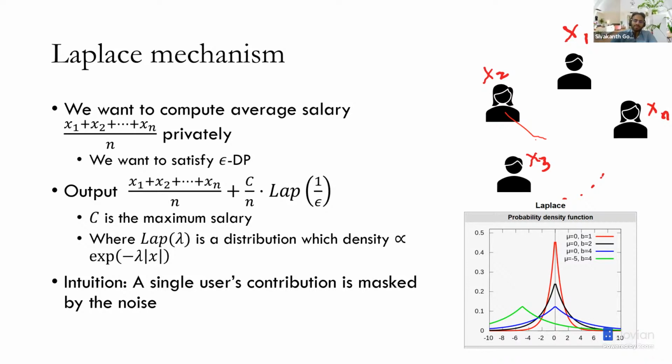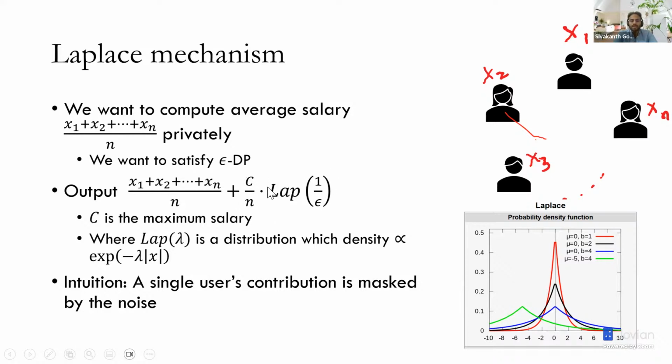Let's say you want a privacy level of epsilon equal to 1. You do this calculation and report it, and then you can tell how accurate it is. The error in your calculation of the true average will be of the order of C over n epsilon, because Laplace noise is roughly of the order of 1 over epsilon.